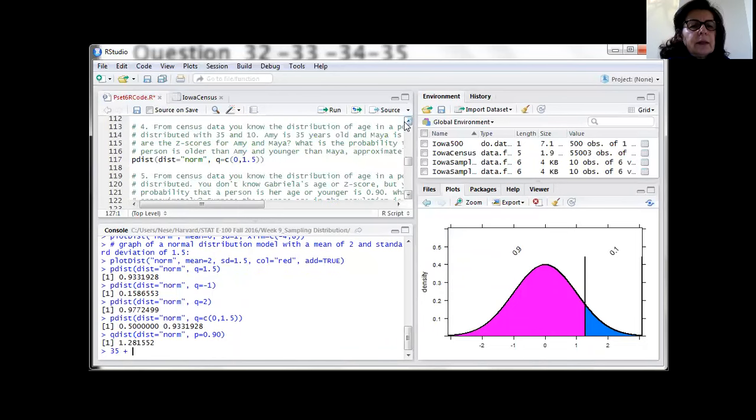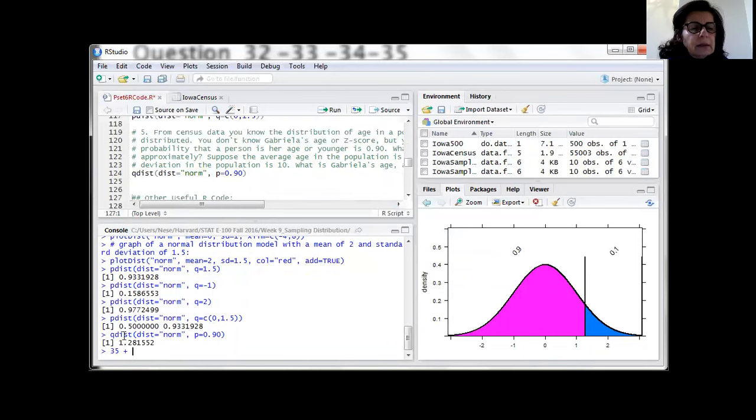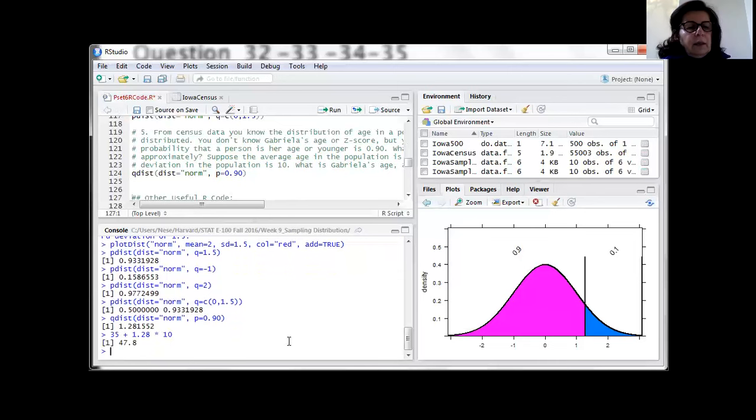Another thing, let's look at this population distributed with 35 and 10. So then this is 1.28 standard deviation away from the population mean. 1.28 multiplied by 10. Why are we multiplying by 10? Because this is our standard deviation. Gabriel's age is 47.8. That should be our answer.